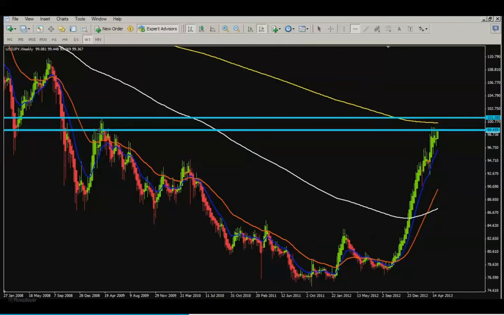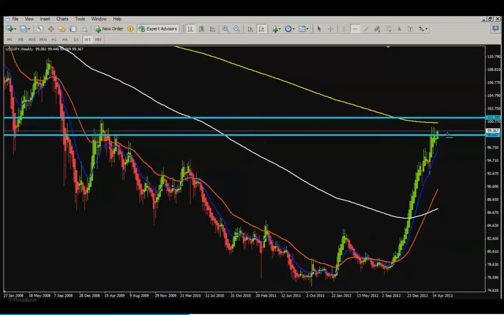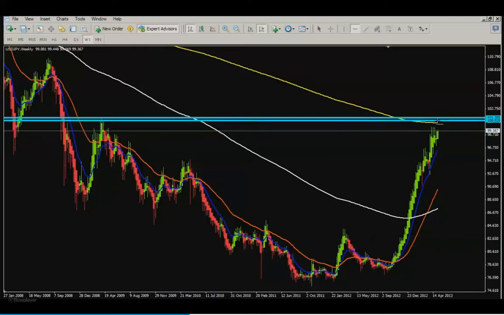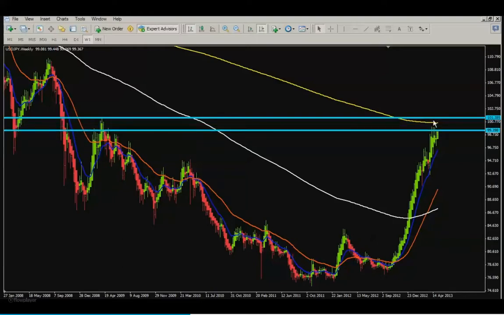So actually the price is at major resistance right now. You also have your 633 up here, really close, not exactly by the pip. The markets don't work like that, but it's close, and that is good information for you.